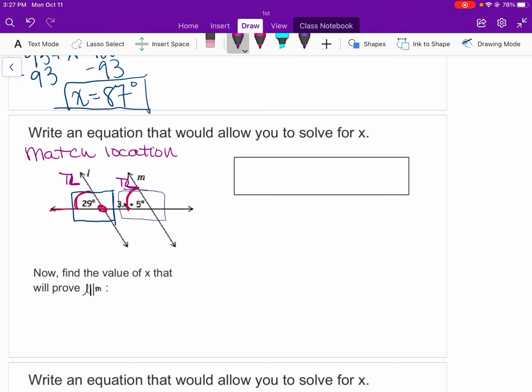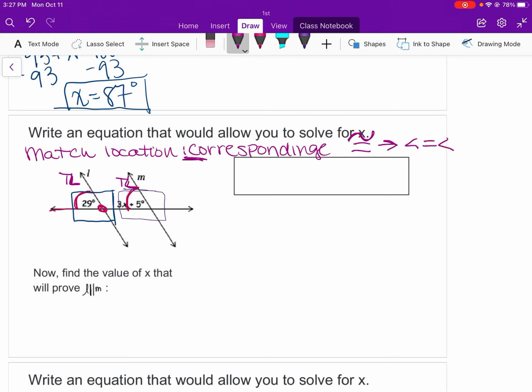Now, matching locations should be an immediate trigger that you realize that they are corresponding. And what you should remember is corresponding is congruent. They both start with C's. So corresponding, congruent. So immediately I know when it's congruent, my formula is angle equals angle.